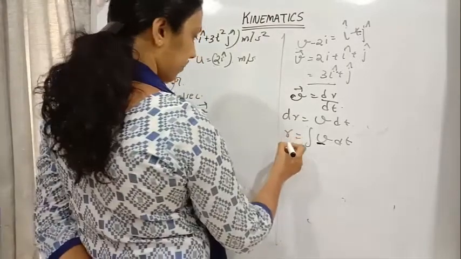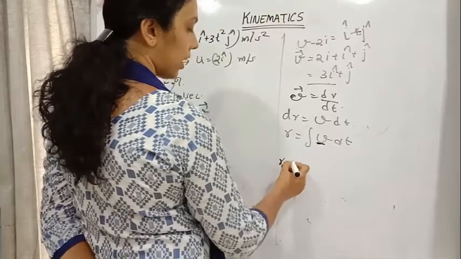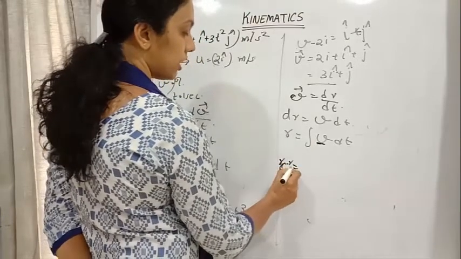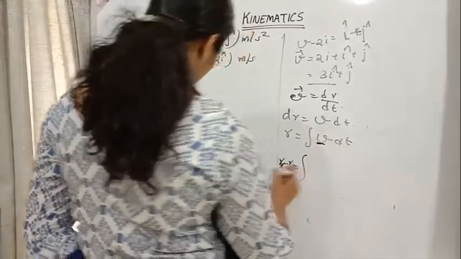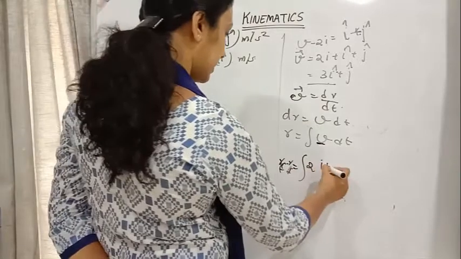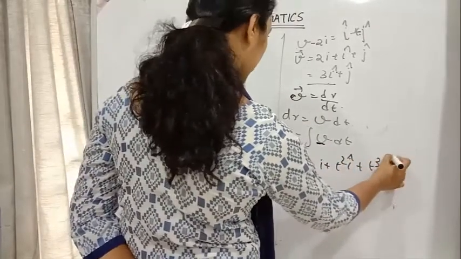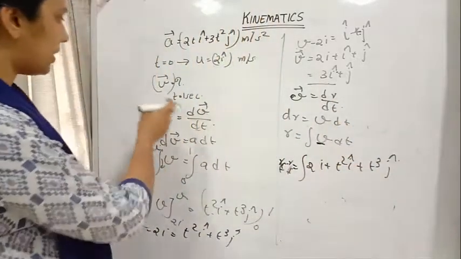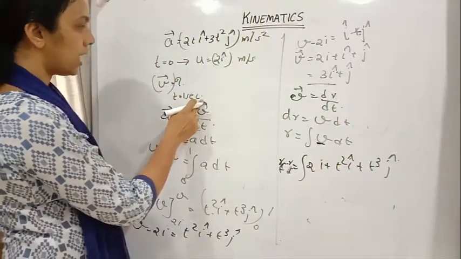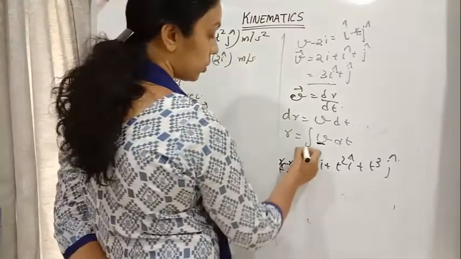Therefore we can write r as final position minus initial position, equal to the integral of 2i plus t square I cap plus t cube j cap. The velocity changes from time 0 to 1 second.